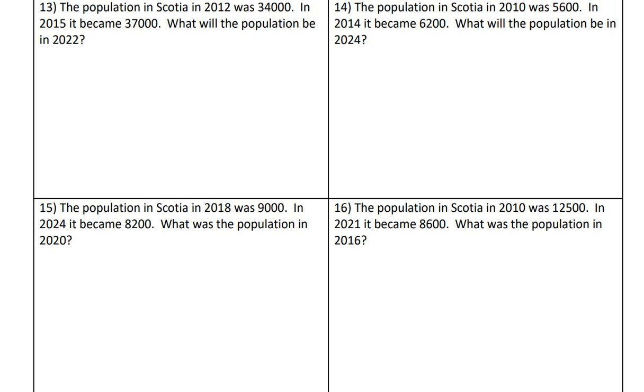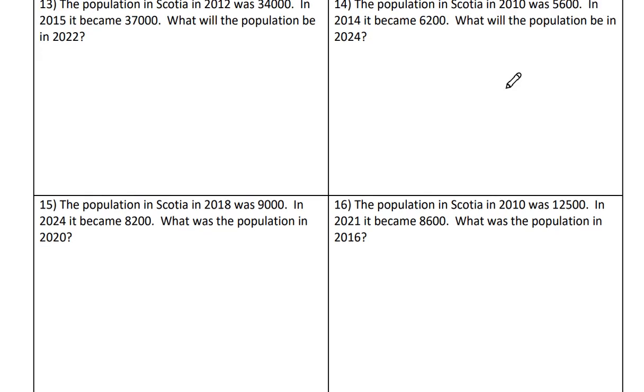Okay. These are examples where you have some sort of model that you need to develop based upon the numbers that you're given. So let's take a look at, say, number 14.